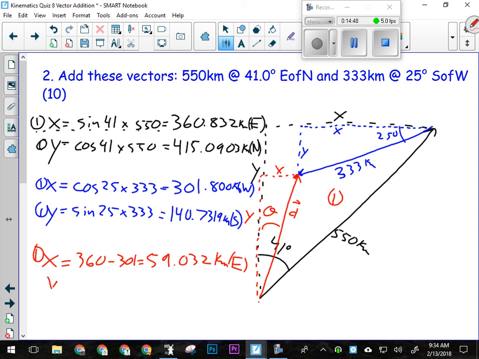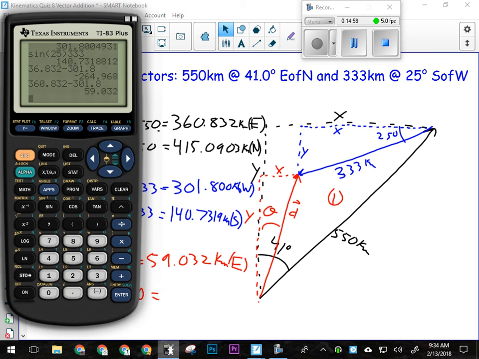Got to do the same thing with the y's. One is north, the other is south. So I'm going to take the one that's north, that's 415, and subtract the one that's south, 140. Again, obviously using all the decimals when I do that.